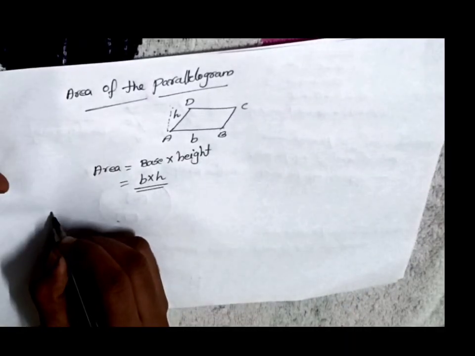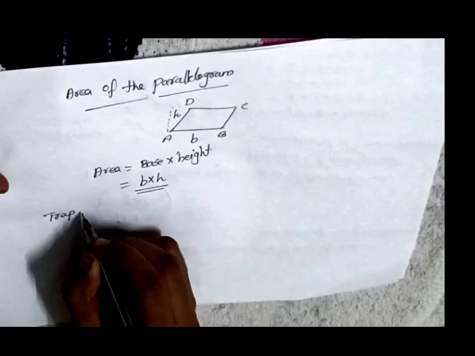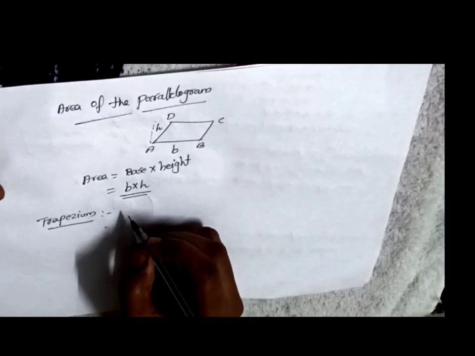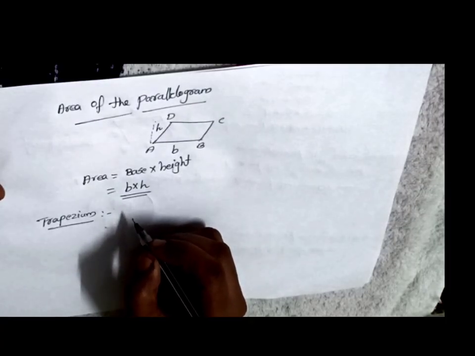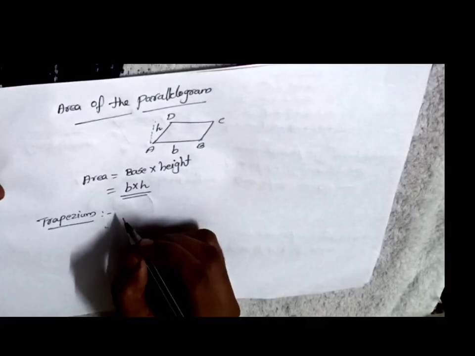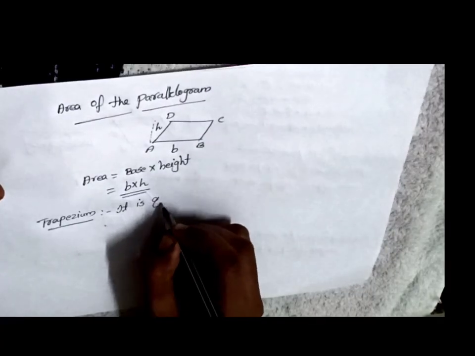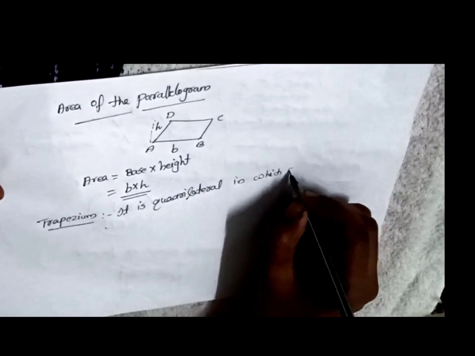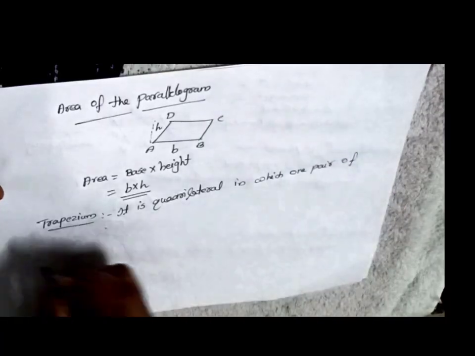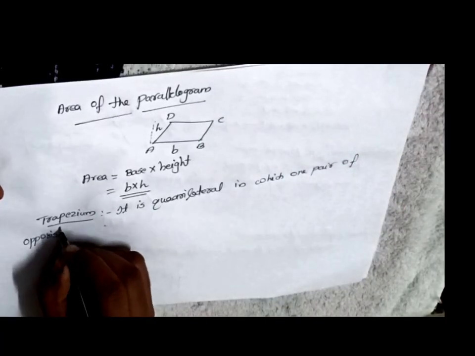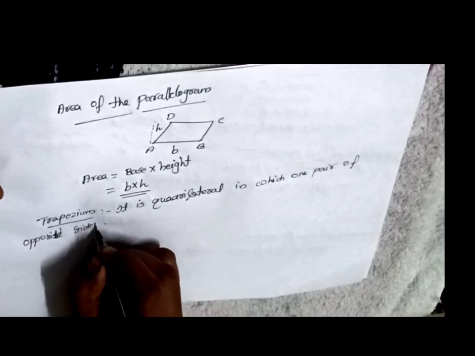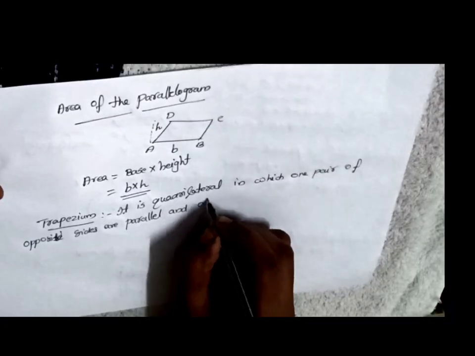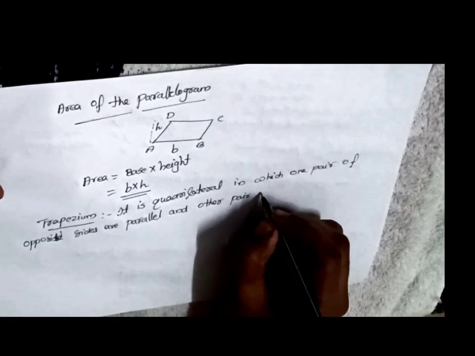Next, let us consider another quadrilateral, the trapezium. A trapezium is a quadrilateral in which one pair of opposite sides is parallel and the other pair is non-parallel.